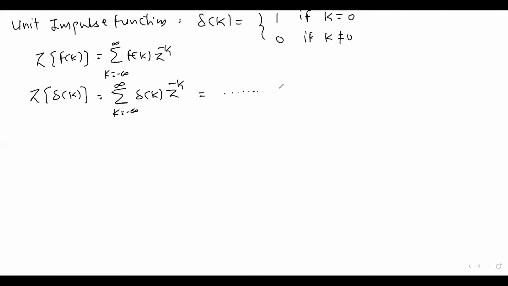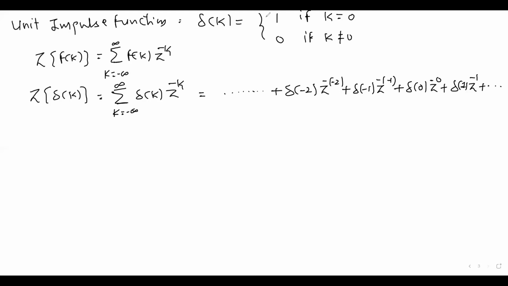We take particular numbers. Now, starting from minus infinity, I'm not writing it here: delta of minus 2 Z raised to minus 2, plus delta of minus 1 Z raised to minus 1, plus delta of 0 Z raised to 0, plus delta of 1 Z raised to minus 1, and so on.